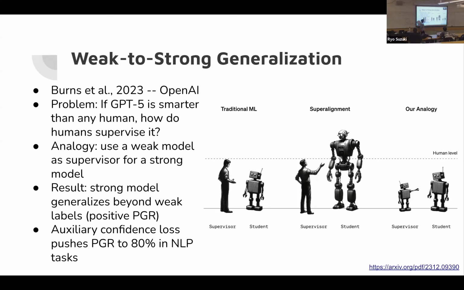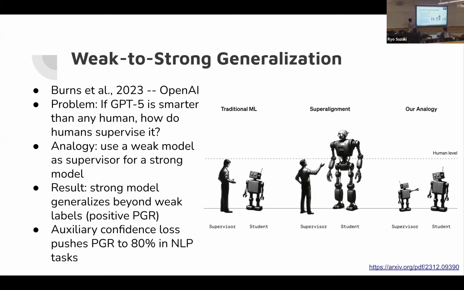Weak-to-strong generalization is the idea that GPT-5 should be supervised by GPT-4. So if another stronger AI comes along, then GPT-5 also supervises GPT-6, right? This is weak-to-strong generalization, because the human's level is fixed, but AI keeps evolving.